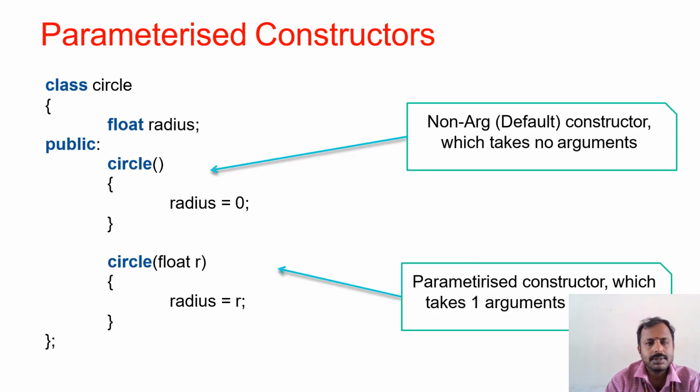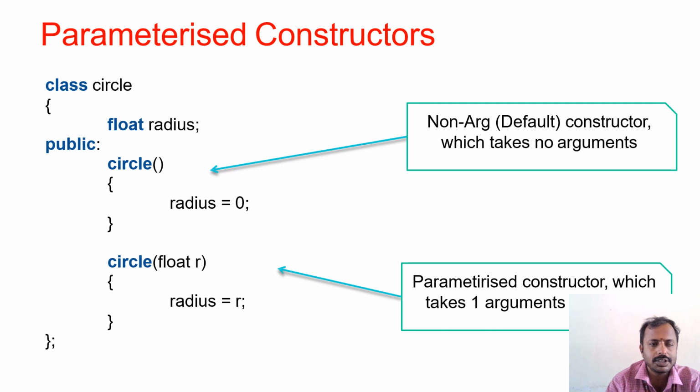In this example, I have a class circle and I have two constructors. One is the default constructor, which does not accept any values, where I initialize the value of radius to 0. And I have another constructor circle float r. I am going to pass the parameter as an actual parameter to the constructor, and this will be assigned to the radius.